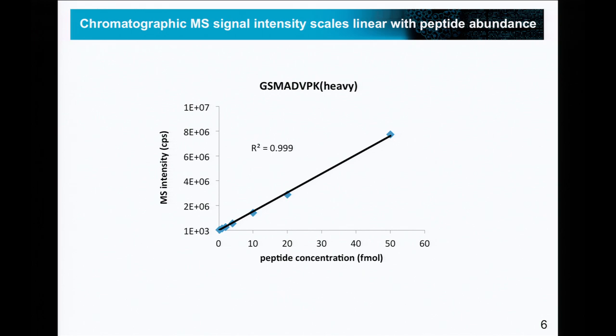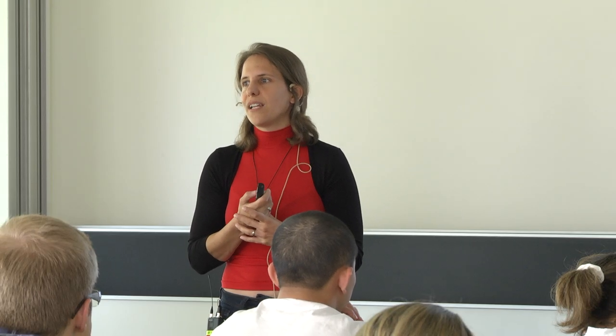So this means that, for example, if you increase the concentration by a factor of 2, you also increase the intensity that you measure by a factor of 2. And it's exactly this linearity range here that is the basis for all the quantitation that we do in mass spectrometry.